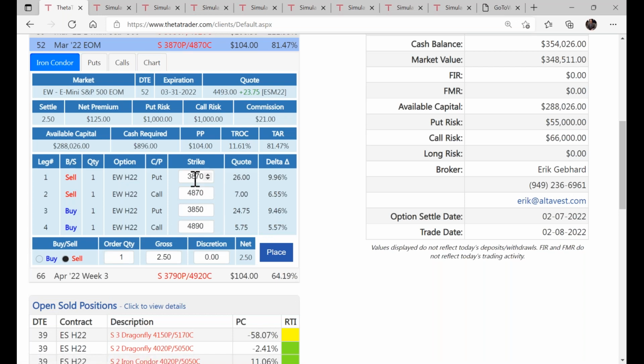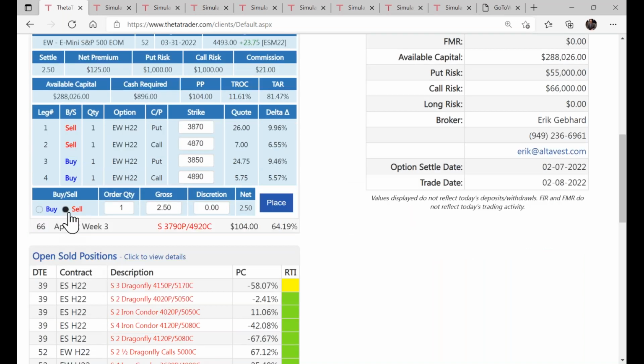So you'll see the 3870 put has a delta of 9.96, which means there's over a 90% probability that this put would expire out of the money. And the call you're selling, delta 6.55. So you're looking at over 93% probability that the calls you're selling will also expire out of the money. So that's what we're looking for in these higher probability outcomes.